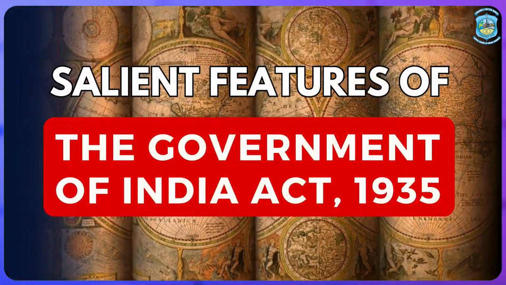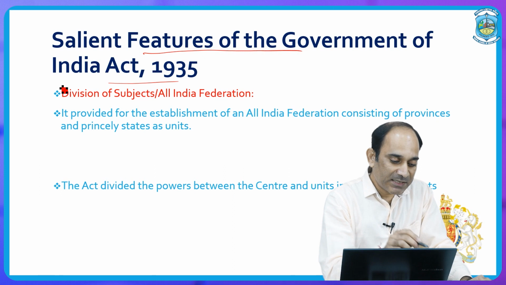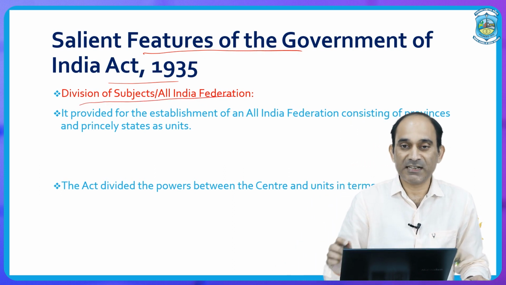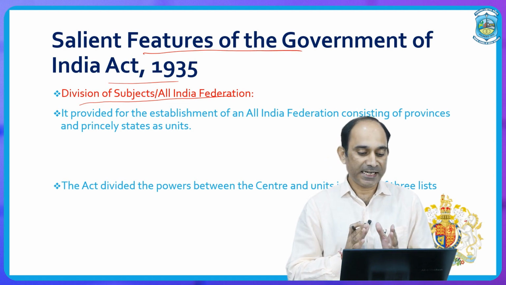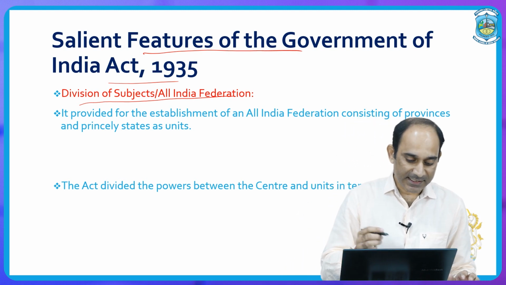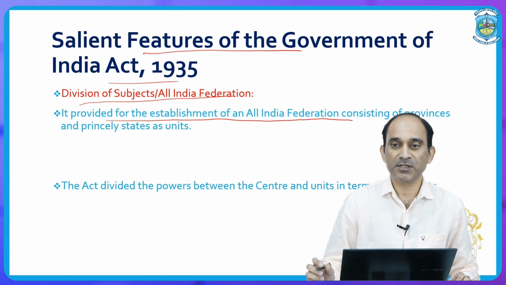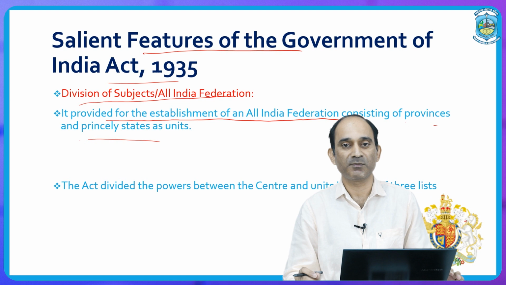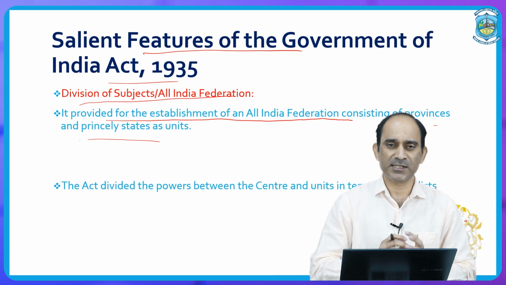Now the salient features of the Government of India Act 1935. One of the major provisions of this act was the division of subjects in an All India Federation. In this act, an All India Federation was recommended, consisting of provinces and princely states as units. It is similar to modern day India or modern day USA.